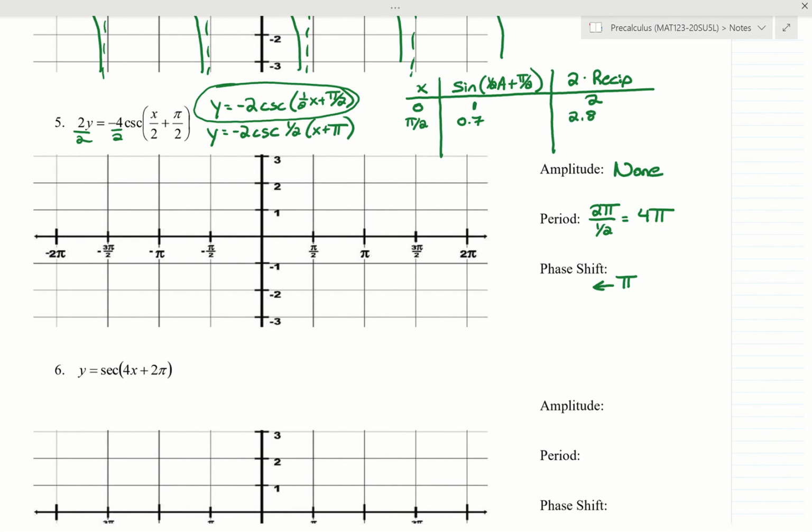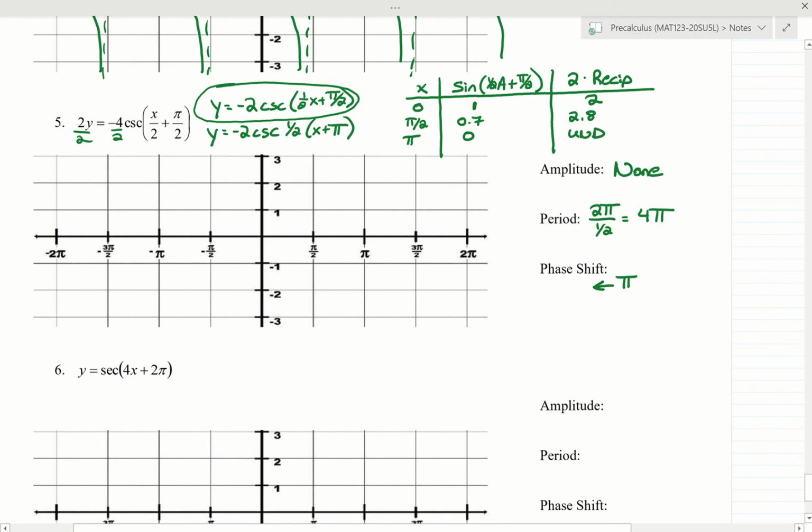I'll go back to my equation with sine. And that would be 0. So 2 times the reciprocal would give us an undefined answer. Starting to see what's going on here.